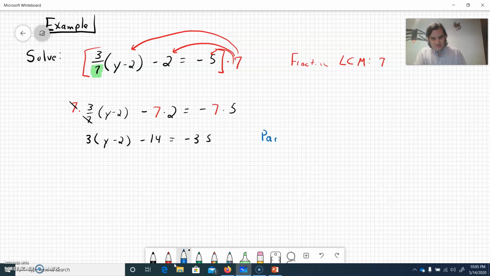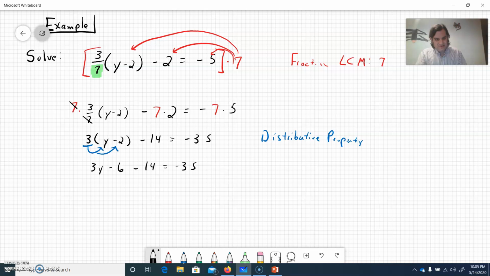So we're going to use the distributive property now to get rid of these parentheses. So we're going to take the 3 and we're going to push it into every term inside the parentheses. So I'll have 3y minus 6 minus 14 equals -35.